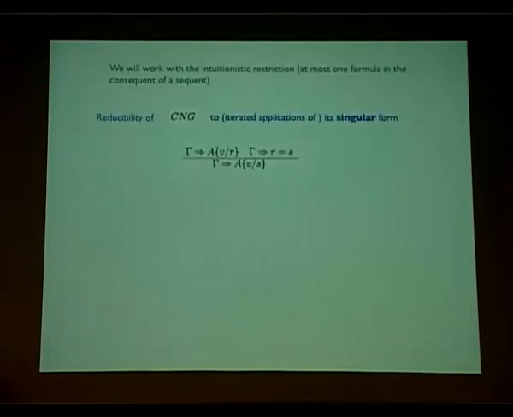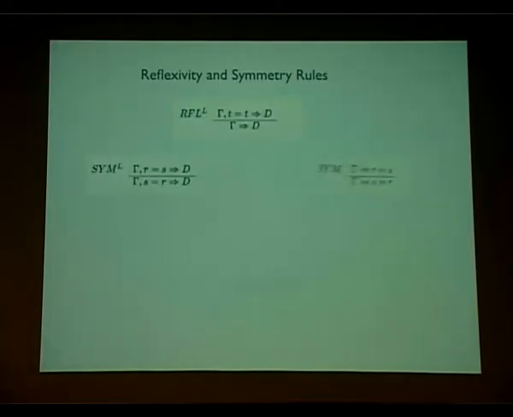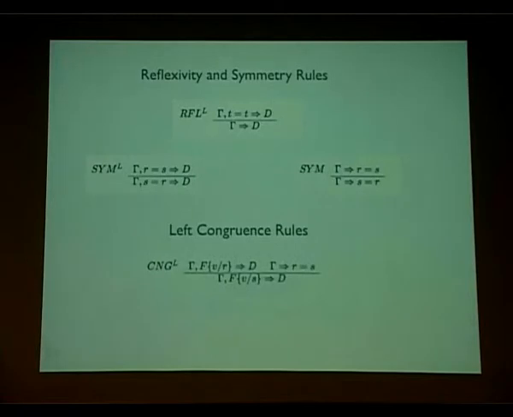A further reduction is that the congruence can be restricted to the case in which you just replace one occurrence of a single variable. This is all useful technically. Here are a few other rules that you can consider and are useful for the proof.